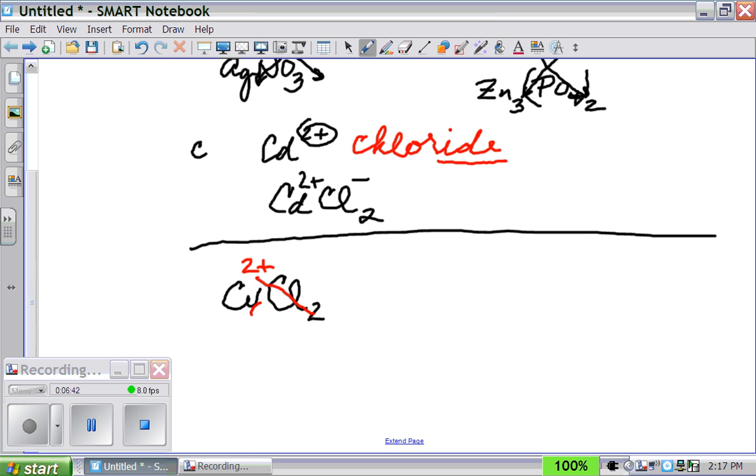And we know this has no subscript, and so this must assume 1, and we know chlorine is an anion, so it has to have a negative charge. We can see that the 2 negatives here will cancel the 2 positives, and we know that we're dealing with copper 2 chloride. So in this case, what we would do is we would use what's called the stock labeling system, and we would write it as copper Roman numeral 2 chloride.